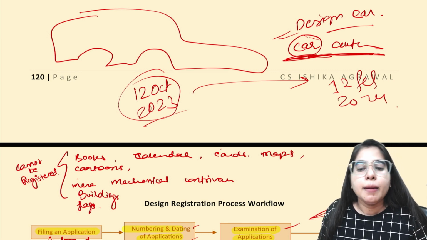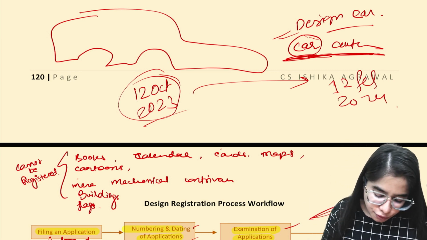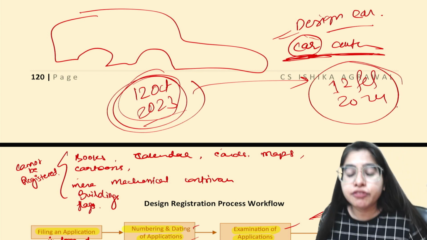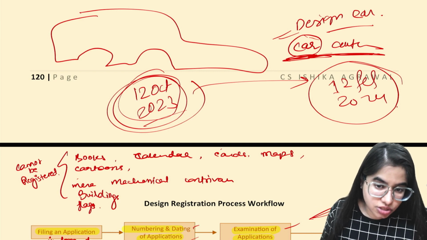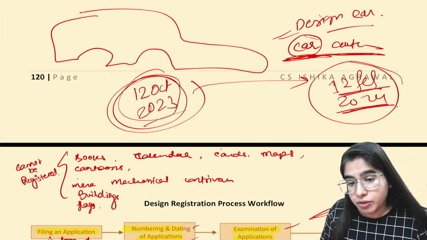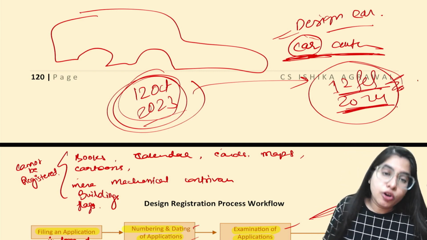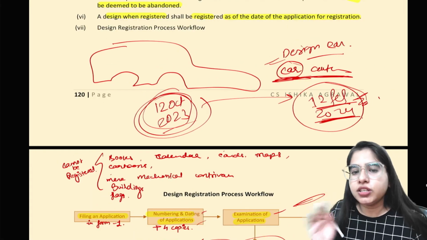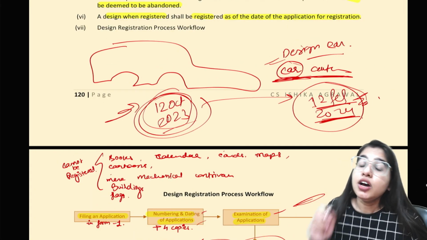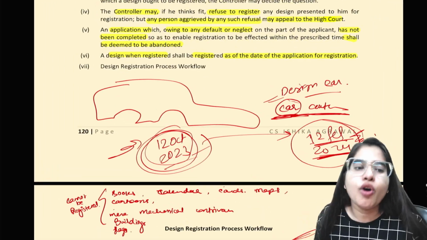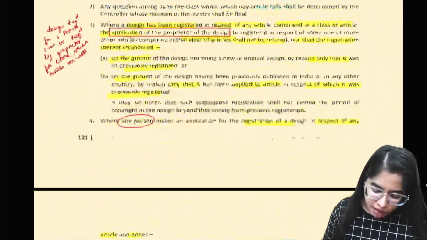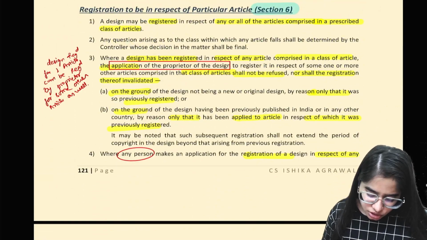In that case, my design will be registered effective from the date of application and not the date when it is accepted or actually registered. So even if the controller accepted my application on 12th February, my design will be deemed to be registered from the date of application, that is 12th October 2023, the date when I applied. Are we clear with this? With this, we are done with the process of registration of design.